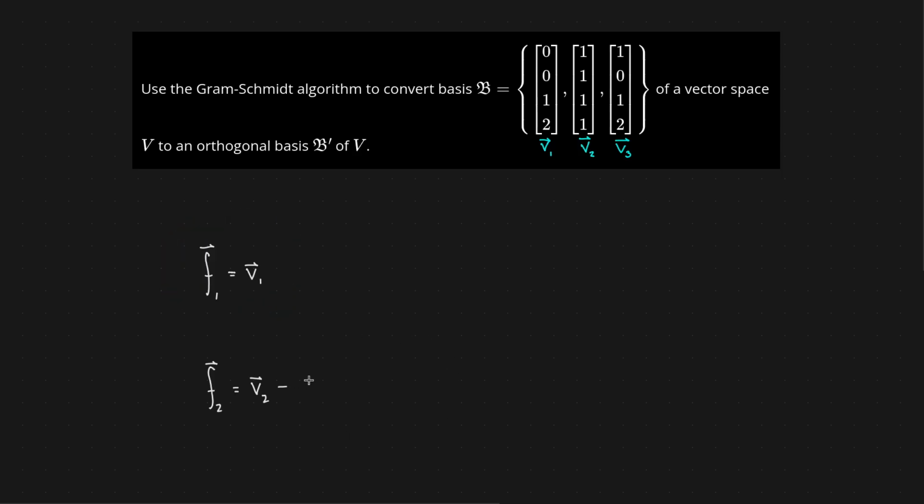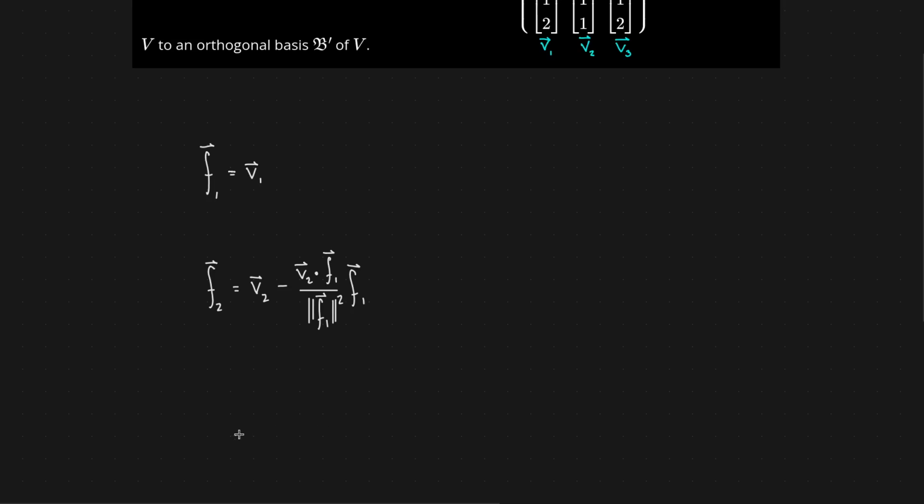So I'm going to take the orthogonal projection of V2 onto vector F1. Since that's the only orthogonal vector I've already found, that's the only one I have to subtract. So let's do the computation of that.